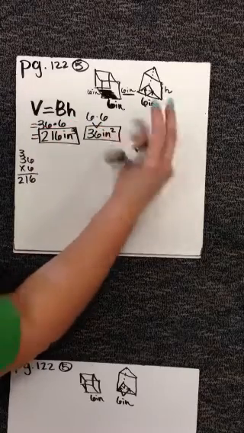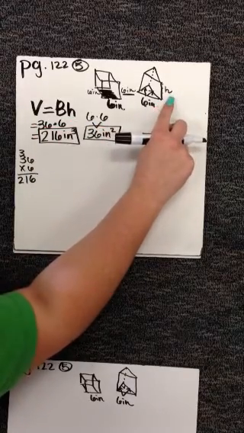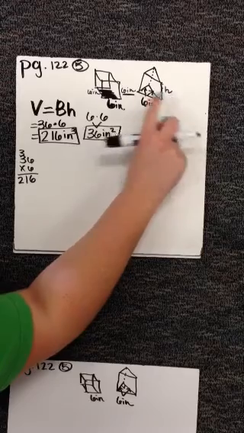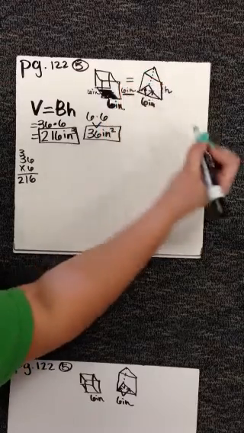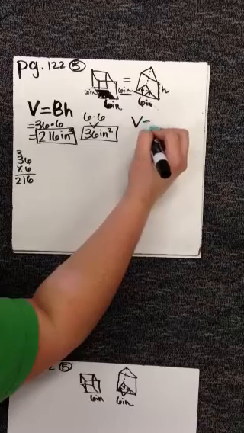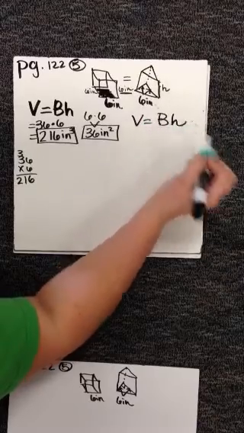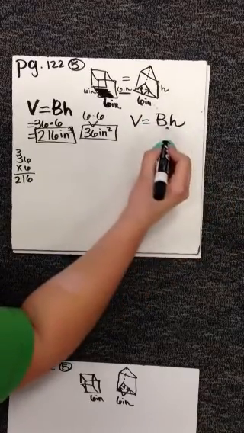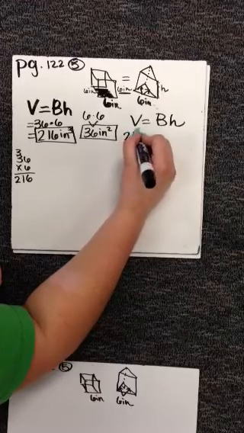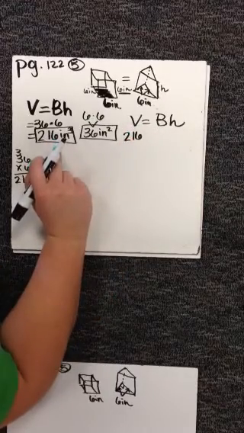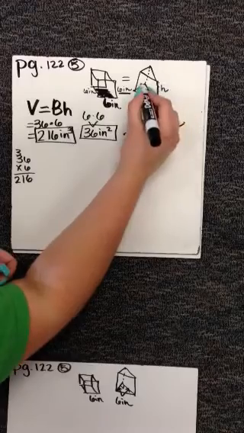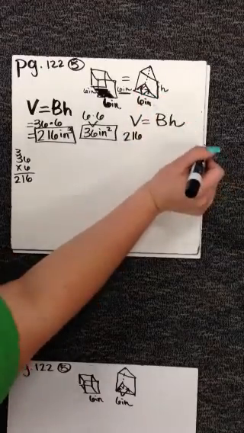Okay? Now, I want to know the height of this prism if the volumes of these two are equal. So remember, I know volume is equal to area of the base times the height of the prism. So for this shape, I want the volume to be equal to 216, because remember, I want them to be equal. The area of the base, okay? Let's think about that.